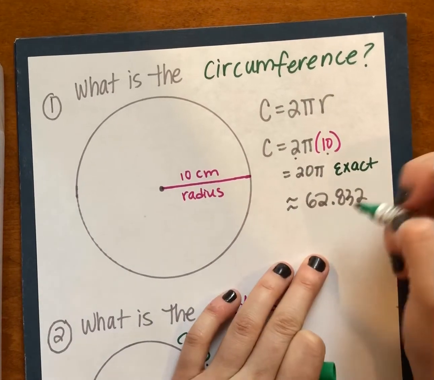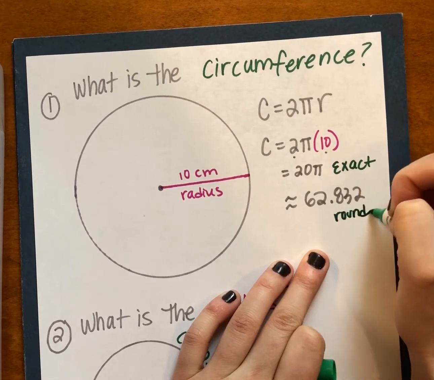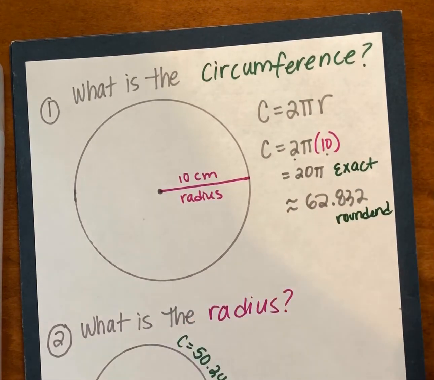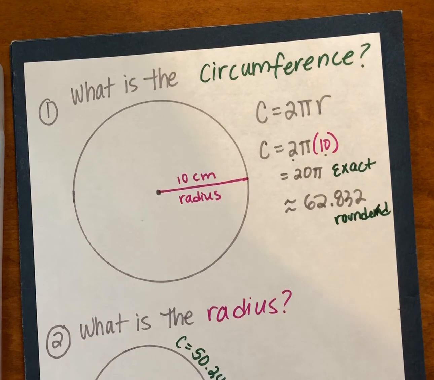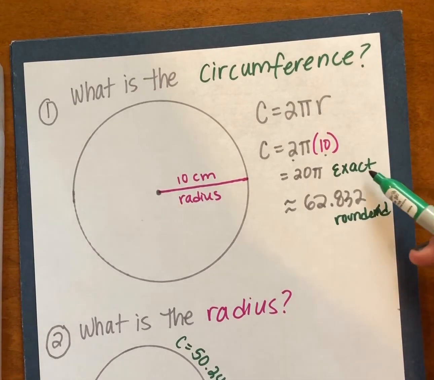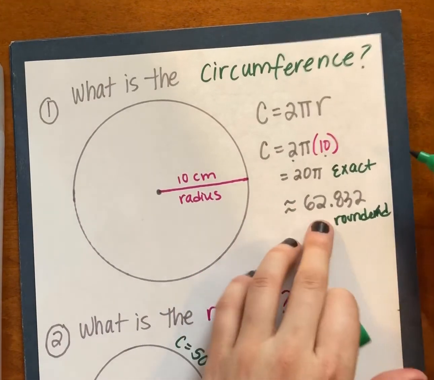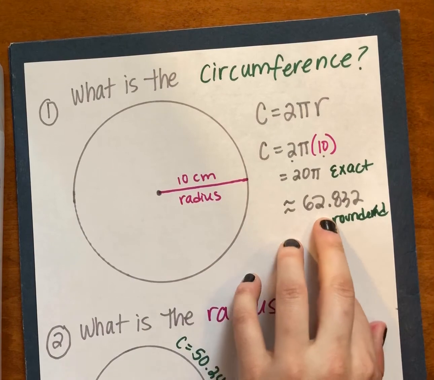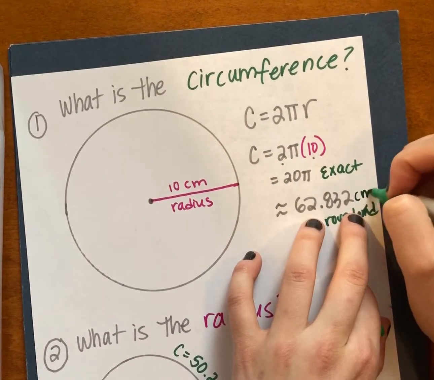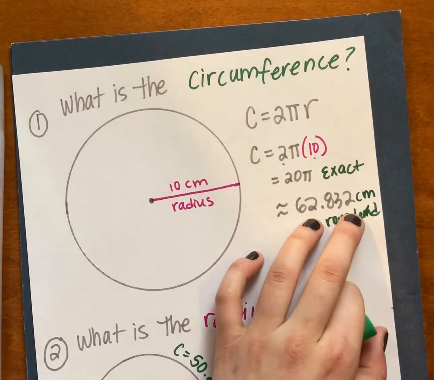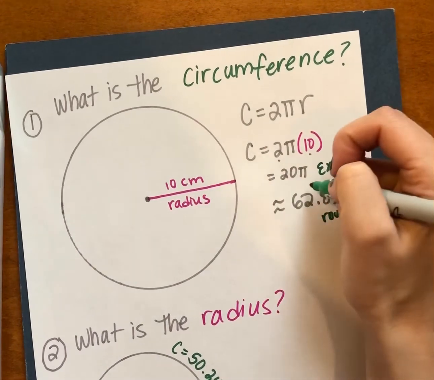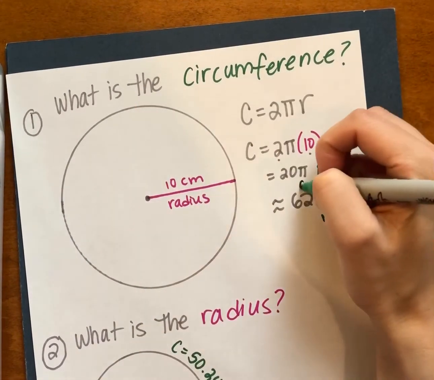And then this is what we would call the rounded answer. Both answers are correct, except one is rounded and one is not. But for me, it would make more sense to see, okay, my circle is about 63 centimeters all the way around. But this one, I could also say the circle all the way around is 20 pi centimeters.